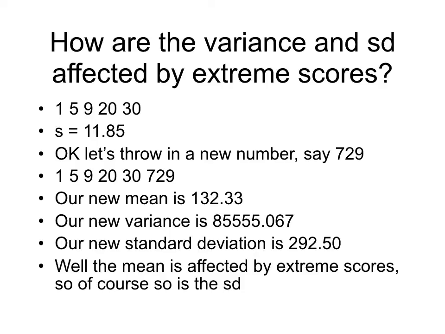All right. Questions? Good so far? You still okay? Yeah, please. How did I get the variance there? Oh, I figured out what the mean was, which is 132.33, and I did 1 minus this squared, plus 5 minus this squared, 20 minus this squared, 30 minus this squared, and this minus this squared.